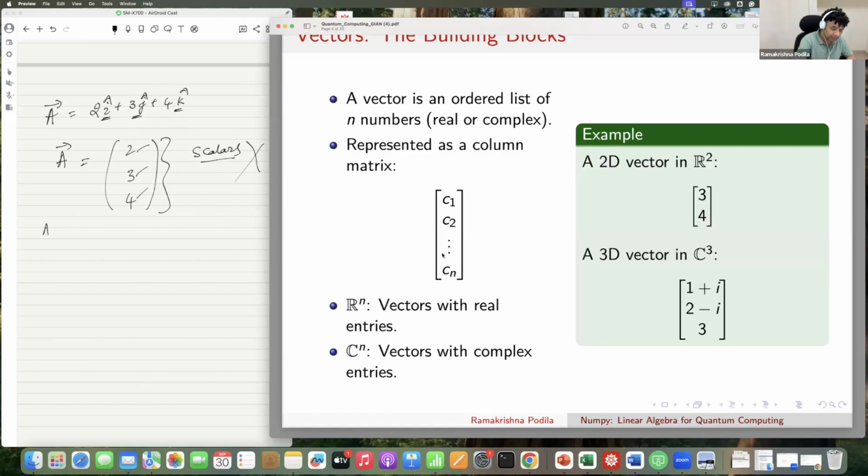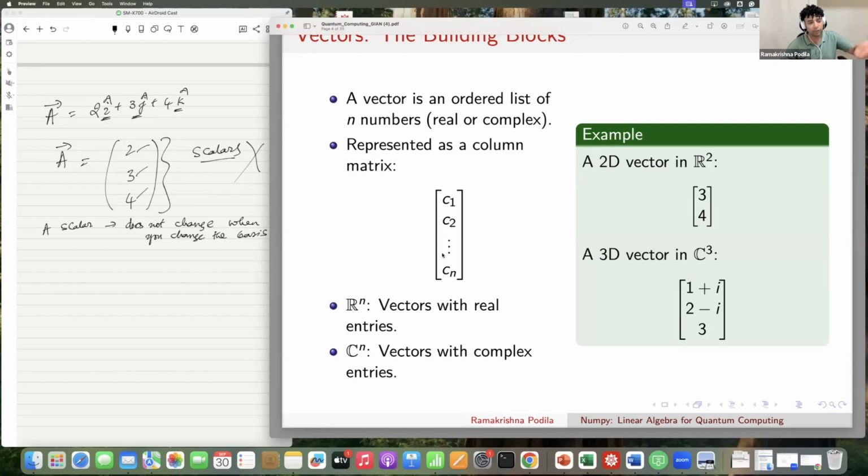A scalar is something that does not change when you change the coordinate system, when you change the basis. But if I change the basis here, and instead of ijk I consider some other basis that's rotated by, let's say, a few degrees, then obviously these components would change.